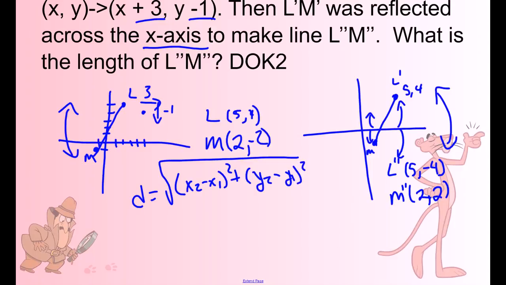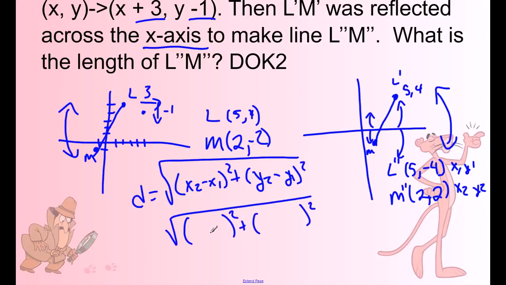Plugging in our values, I'm going to use L as my point 1, so x1, y1, x2, y2 gives me the square root of, let's see, we've got x2 is 2, x1 is 5, 2 minus 5, and then 2 minus negative 4.